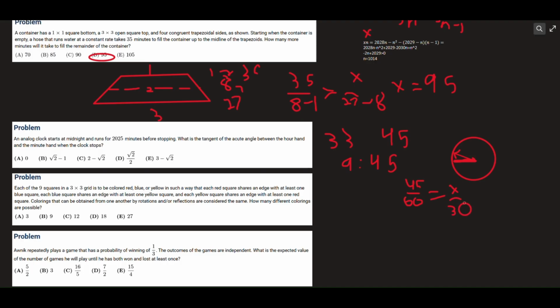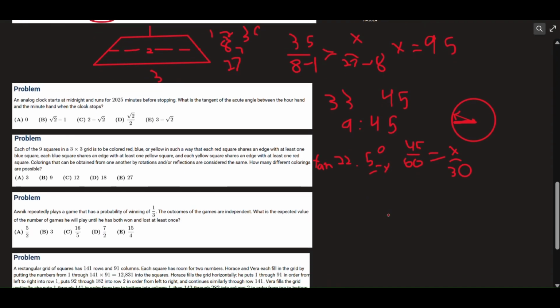So we know that the angle must be 22.5 degrees. So we want tangent of 22.5 degrees. We let tangent of that equal x. So we can use the tangent double angle formula to get tan of 45 degrees.